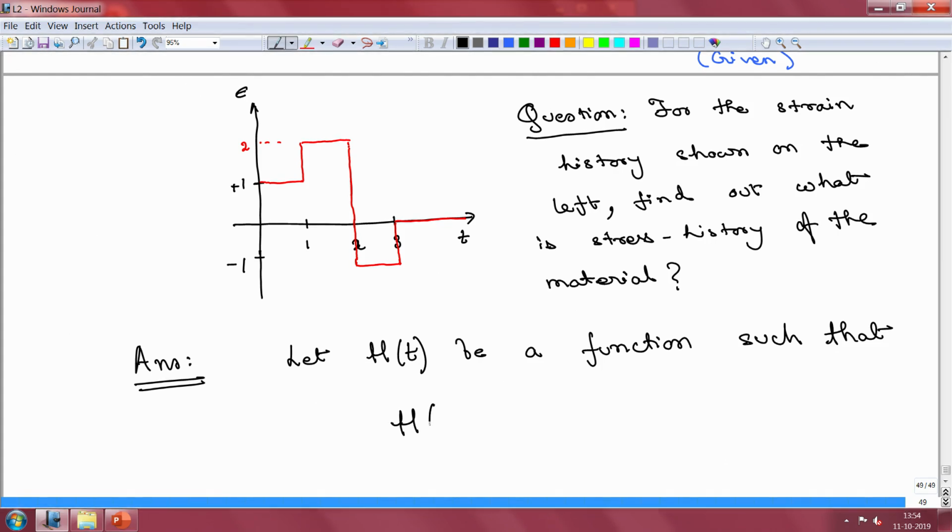This is the definition part of h(t): h(t minus a) is equal to 0 for t less than a, and it takes a value of 1 for t greater than or equal to a. This function takes two values.